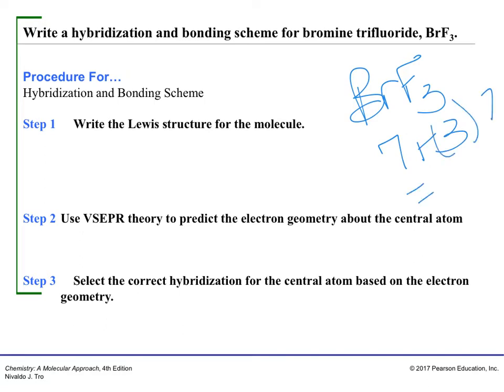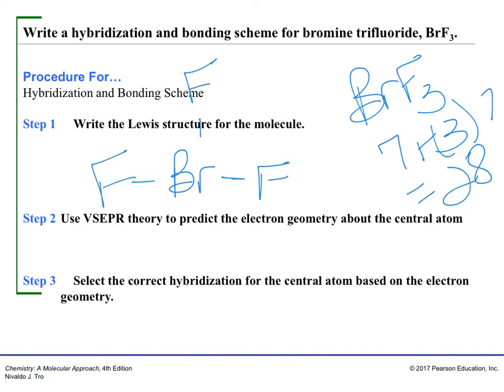And so bromine trifluoride has 28 valence electrons. The first atom is almost always the central atom. I'm going to start by drawing single bonds between the central atom and the others. Then I'm going to give all of the outside atoms an octet.